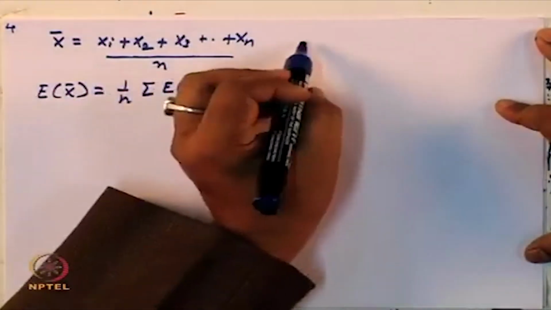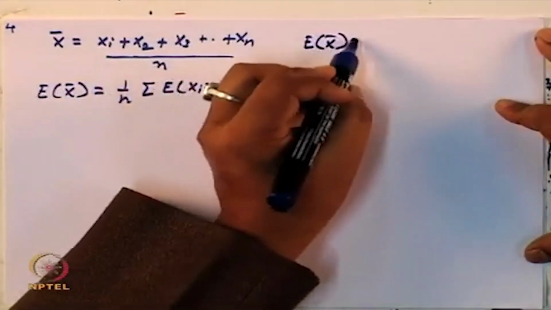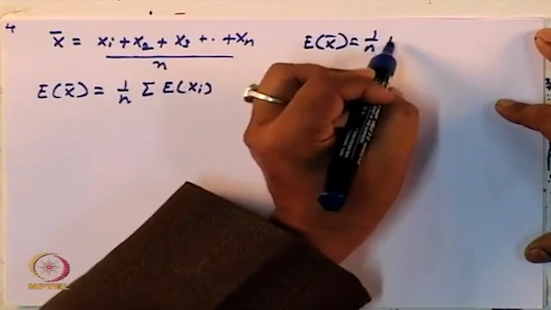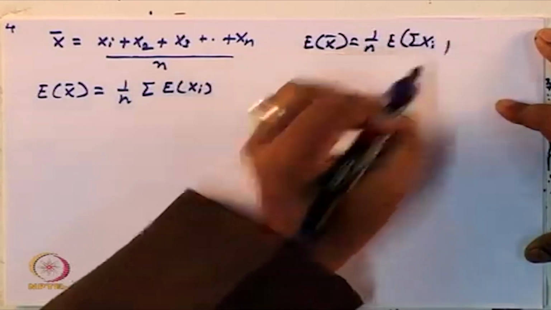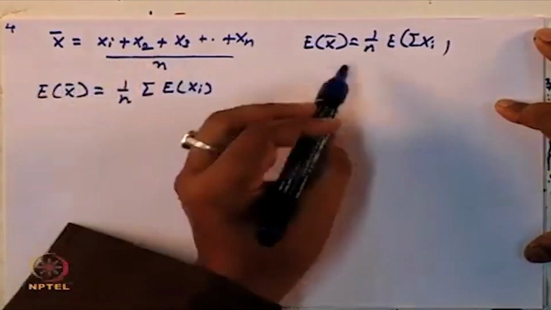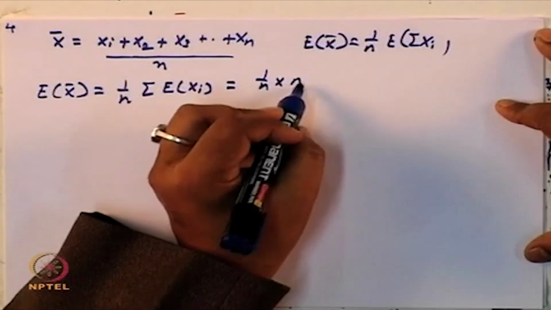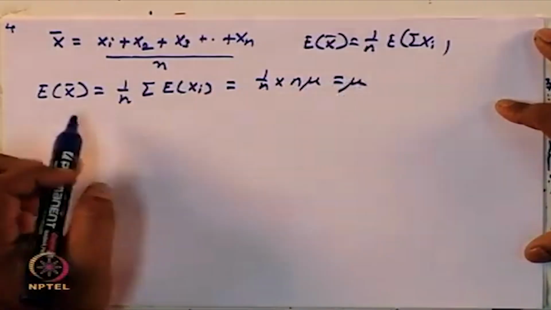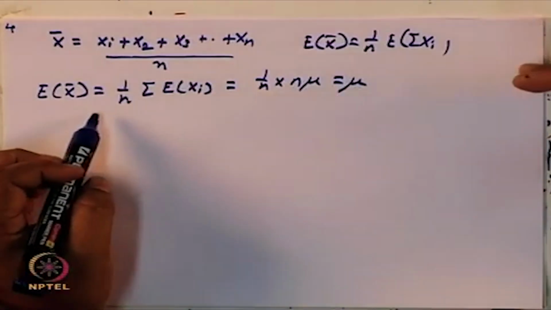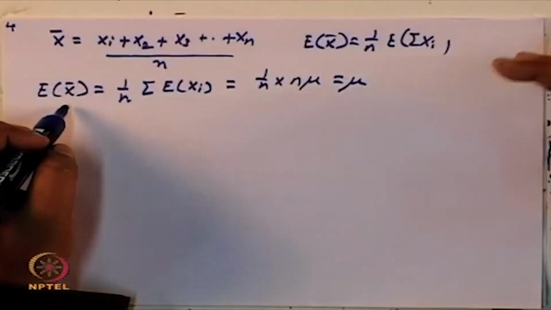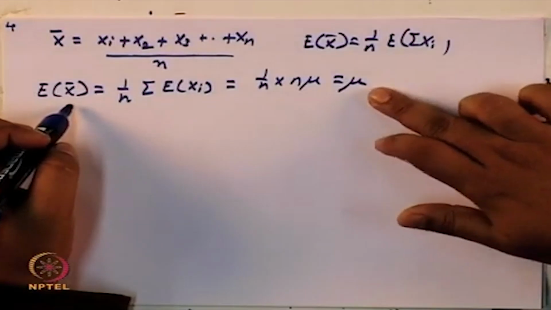So, E of x bar is 1 by n E of summation xi. Since the xi's are independent, I can make this approximation. So, I get 1 by n into n times mu, equal to mu. So, the total sum is a normal random variable with mean n mu, but the sample mean is a normal random variable with mean mu.